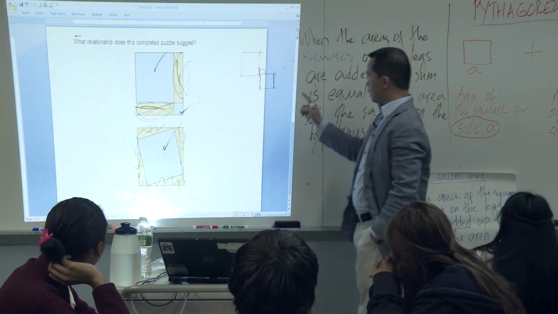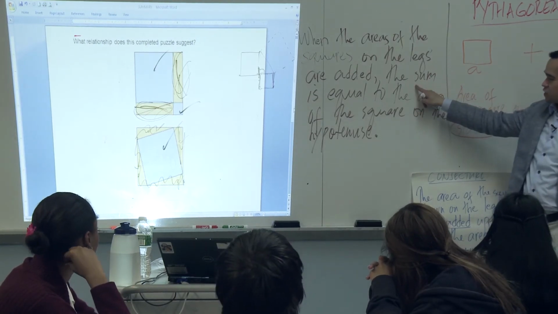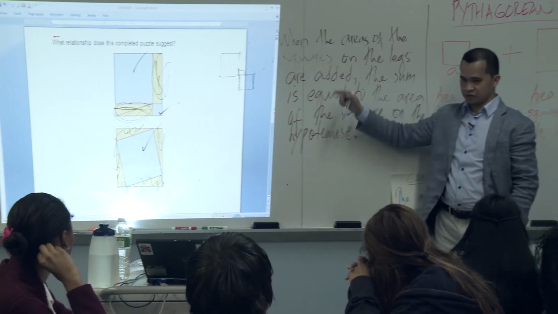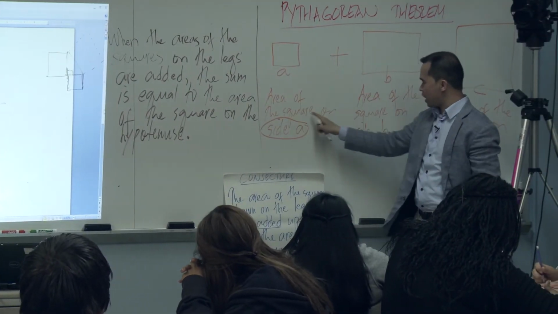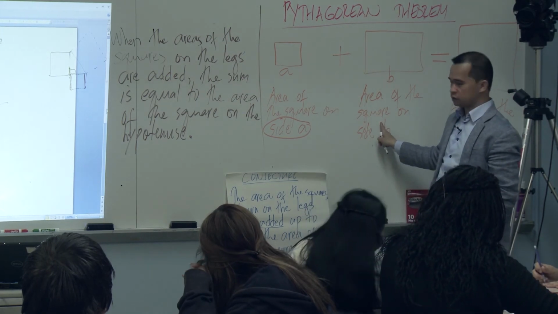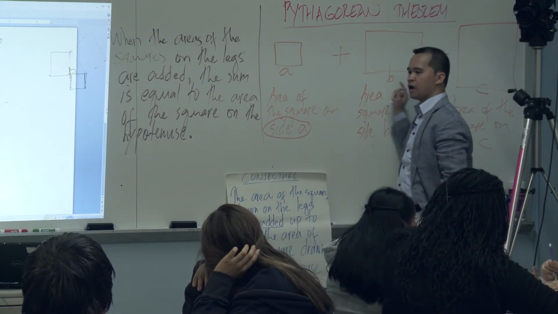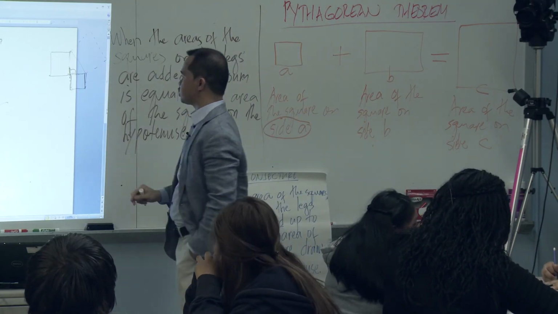So, the sum of the areas of the 2 squares on the legs of a right triangle is equal to the area of the square on the hypotenuse of a right triangle.